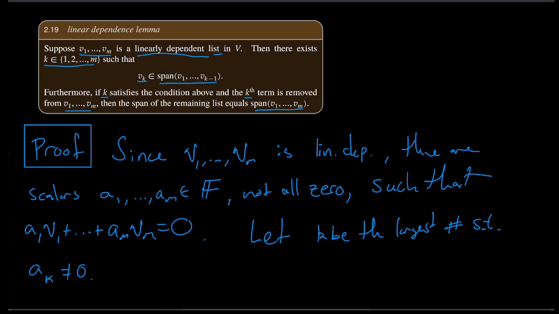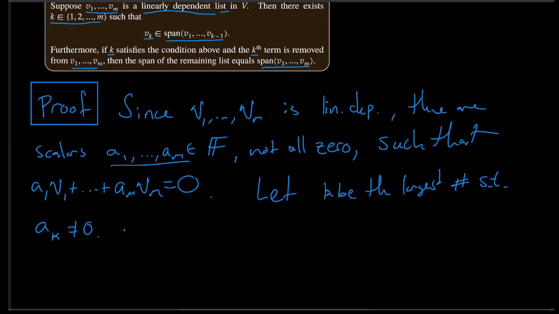So basically, hey, not all of these guys are zero. There's at least one that's not zero. Let's pick the biggest one that is not zero. That is relative to this numbering. As we're from 1 up to m, there is at least one of them that's not zero. If there's more than one of them, let's pick the one whose number next to it is biggest.